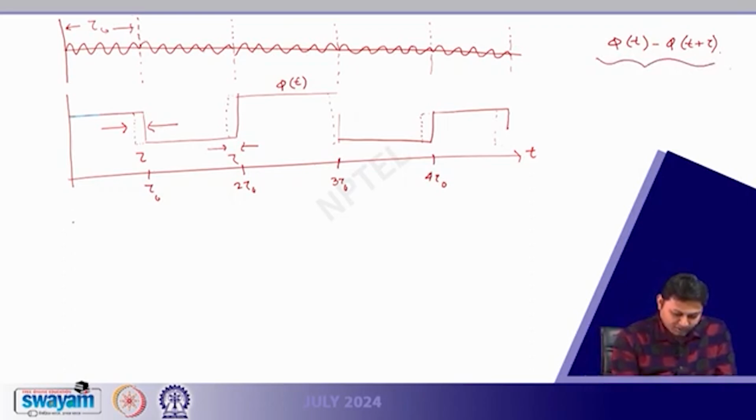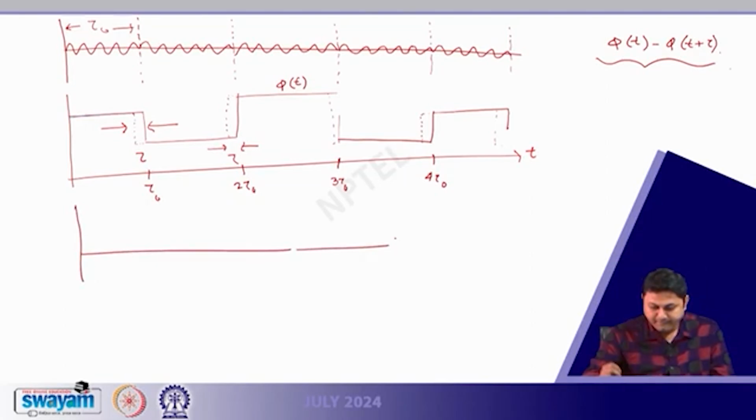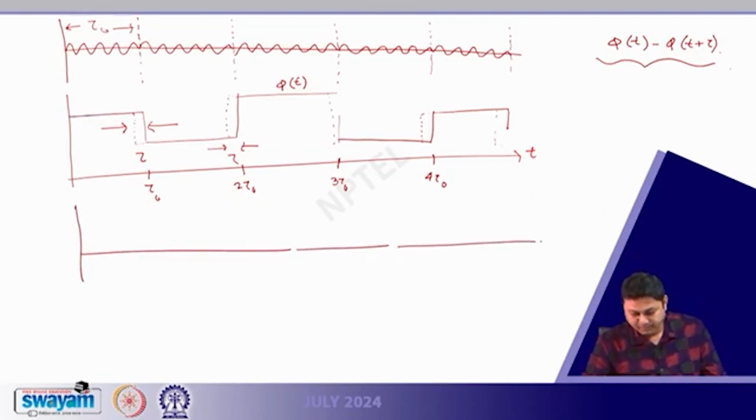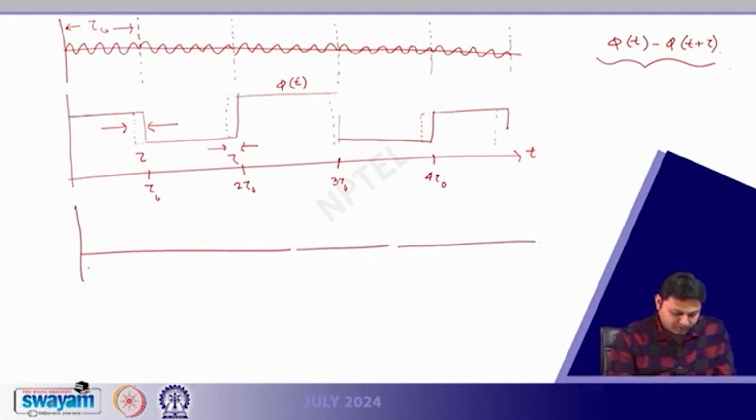And if I plot that again in the same plot, so I am plotting here phi t minus phi t plus tau, then we get a step function like this.